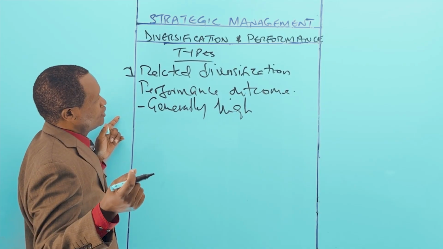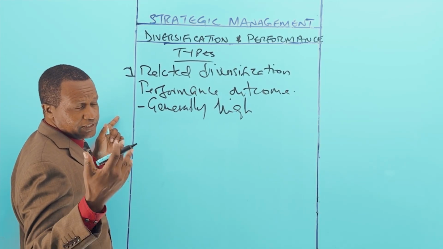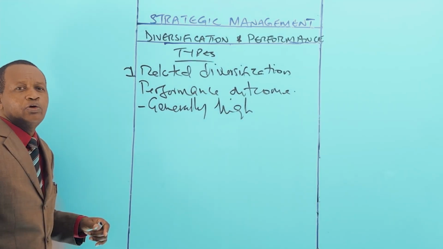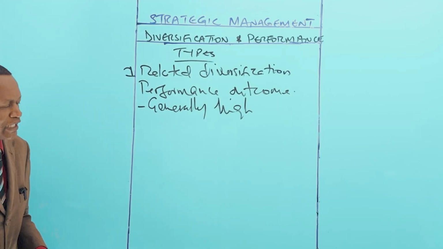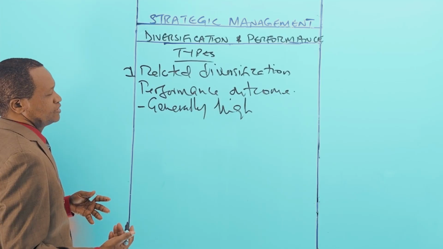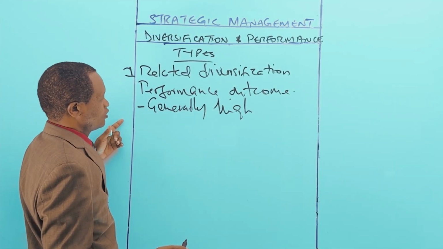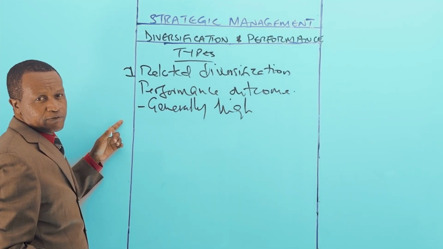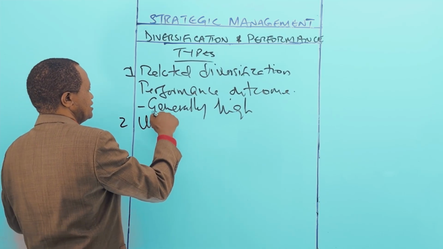And this kind of diversification is considered a sweet spot because the firm can leverage existing core competencies, right? The company can take advantage of the existing core competencies when diversifying in related areas. So generally, the performance will be high. Understand?